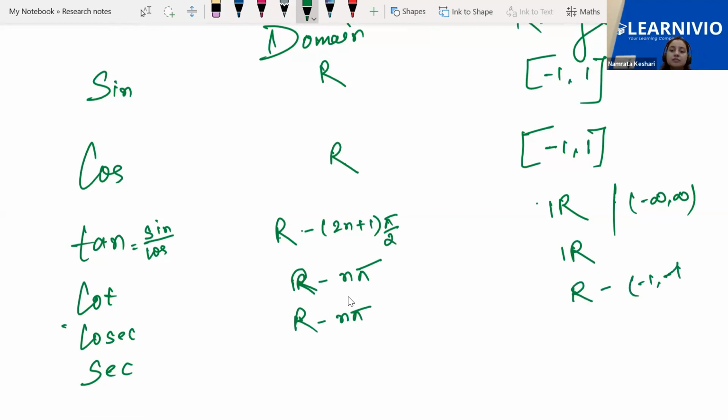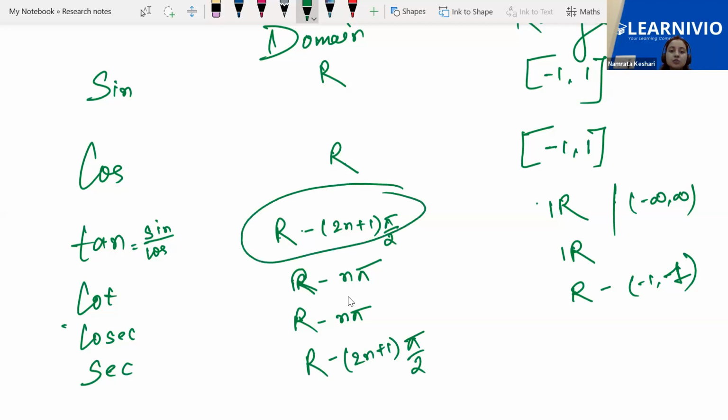In fact, sec is R minus odd multiple of pi by 2, just like tan, because here also cos is there in the denominator. जो tan का डोमेन है वही sec का डोमेन होगा, क्योंकि tan में भी cos denominator में लाई कर रहा है and sec में भी cos denominator में लाई कर रहा है, तो odd multiple of pi by 2 we need to subtract.